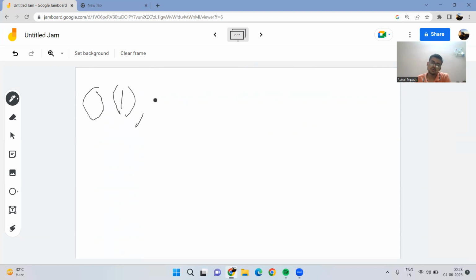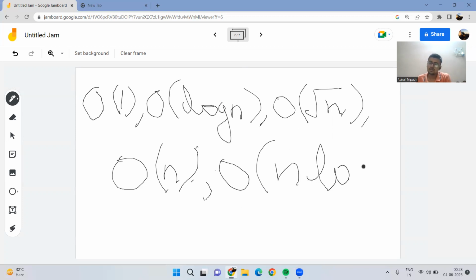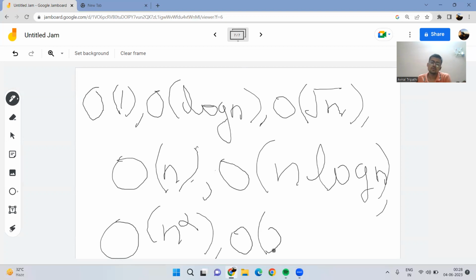O of 1, O of log n, O of root n, O of n, O of n log n, O of n square, O of 2 to the power n, O of 3 to the power n, and so on.